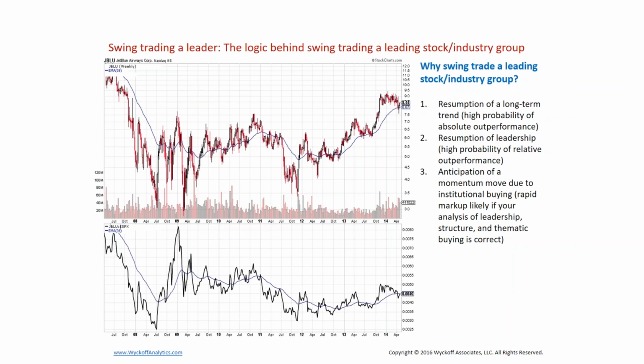So one of the things here that we also have to understand, especially for the long-term swing trader, and again, I'm going to reintroduce the definition here, the time frame is going to be from about 1 month to maybe 6 to 9 months.